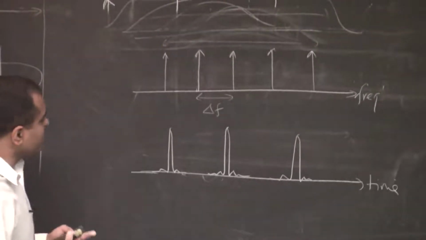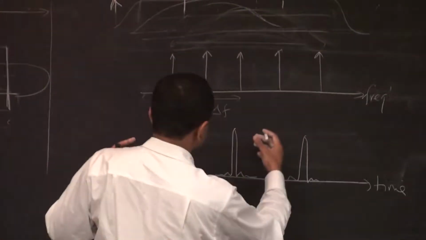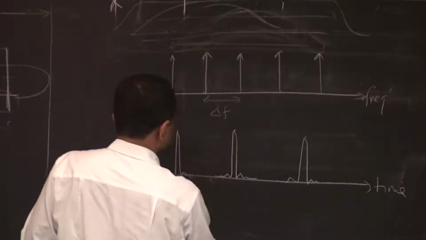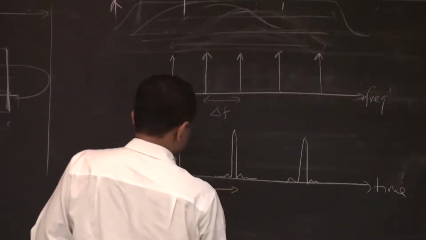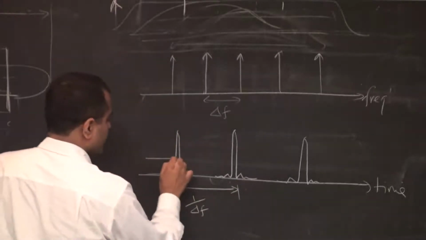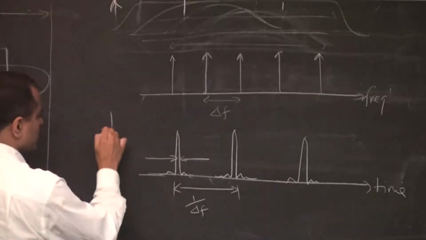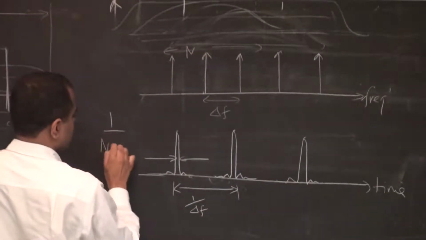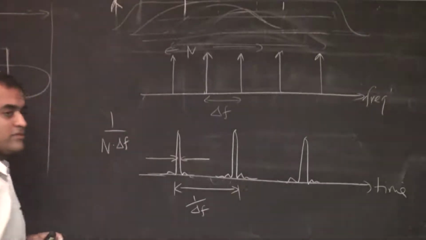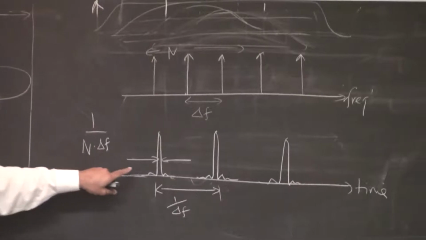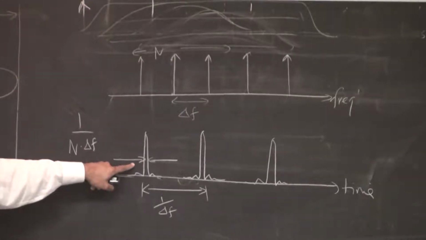So what's going on with this laser is you have multiple modes. Let me just also say that the separation here is 1 over delta F, but the width of this thing here, if I have n modes, is 1 over n times delta F. If I have multiple modes, this can be extremely sharp.